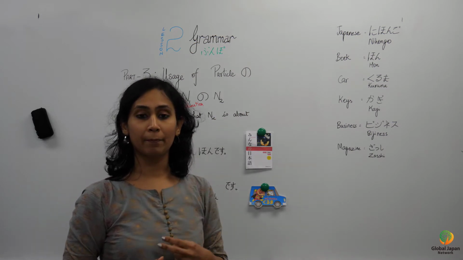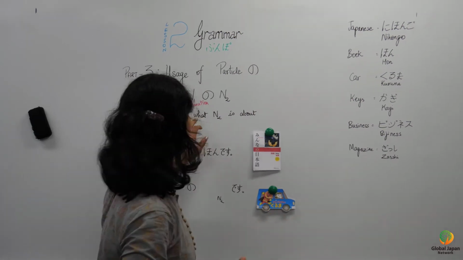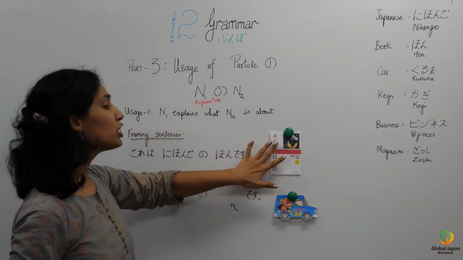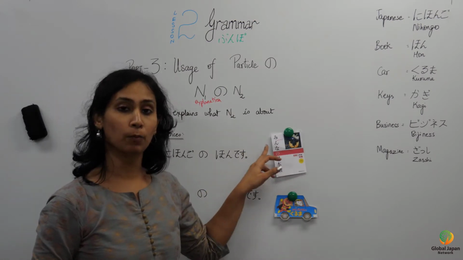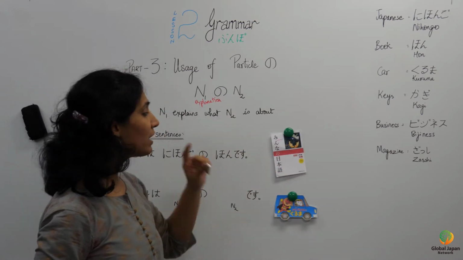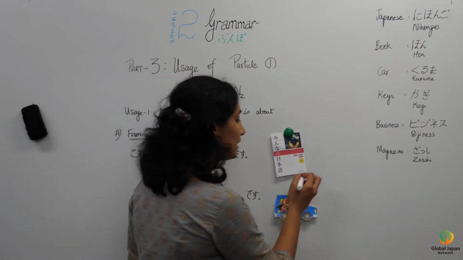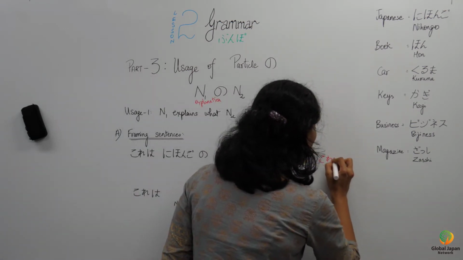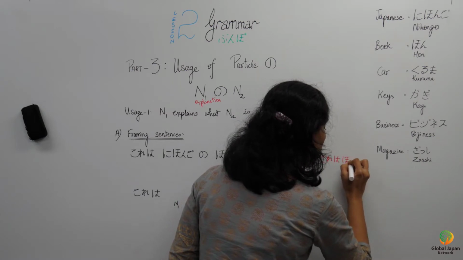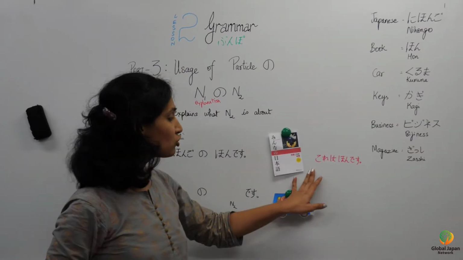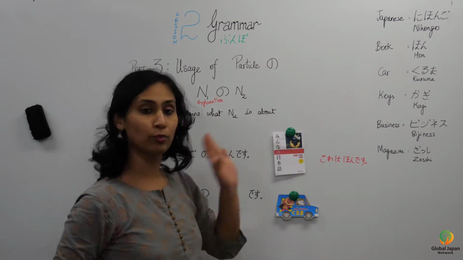Looking at two examples to understand this statement. The object that you see here is a book. So if I were to just tell this is a book, the sentence would be Kore wa hon desu. This is just telling that this is a book.